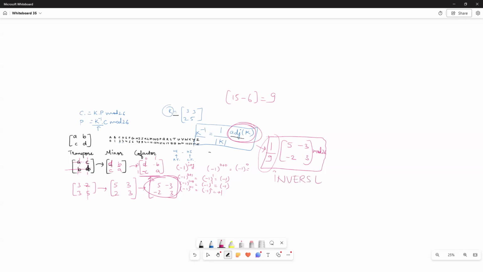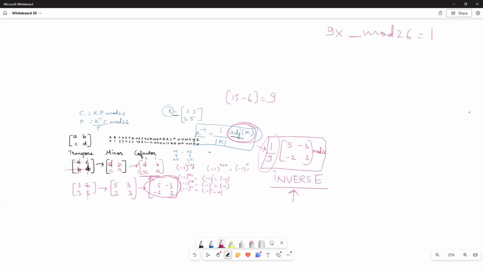Remember this term, inverse? Can we calculate the inverse of this specific number so that this value can be computed? Which means, what should I multiply with 9 under mod 26 which will give me the resultant value as 1?